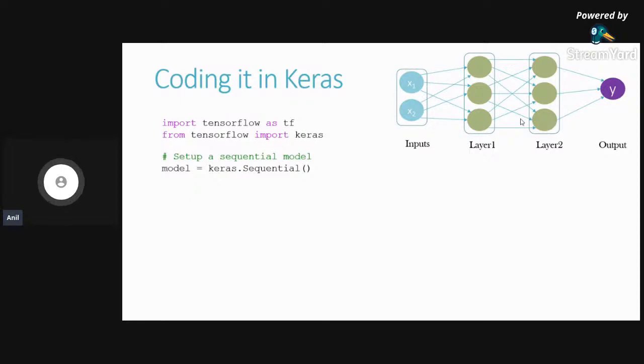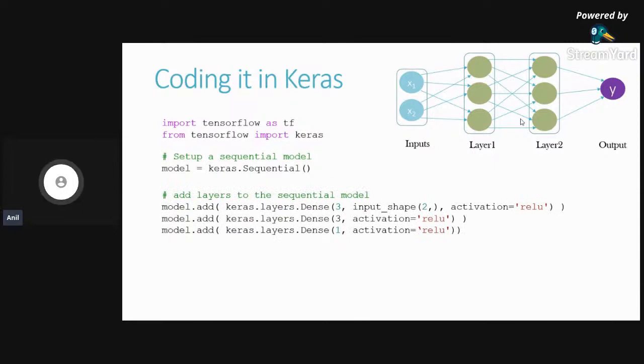We'll be using keras.Sequential, which creates an object of the Sequential class, which says that we will be creating a sequential model. Then we have an input layer with 2 nodes, and then we have two hidden layers, which have 3 nodes each, and then there is one node at the output layer.